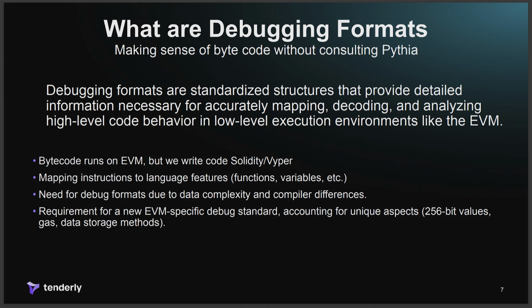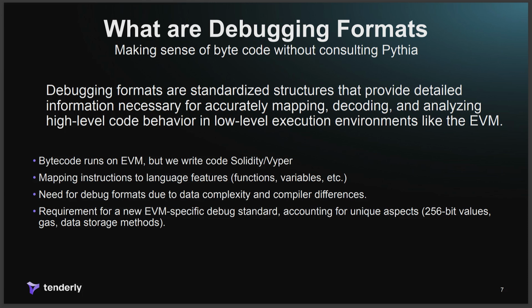And what we came up with is a debugging format that is going to be sufficient, that is going to allow us with 100% accuracy to decode and analyze basically anything in your smart contracts from the low level all the way up to the high-level programming language.